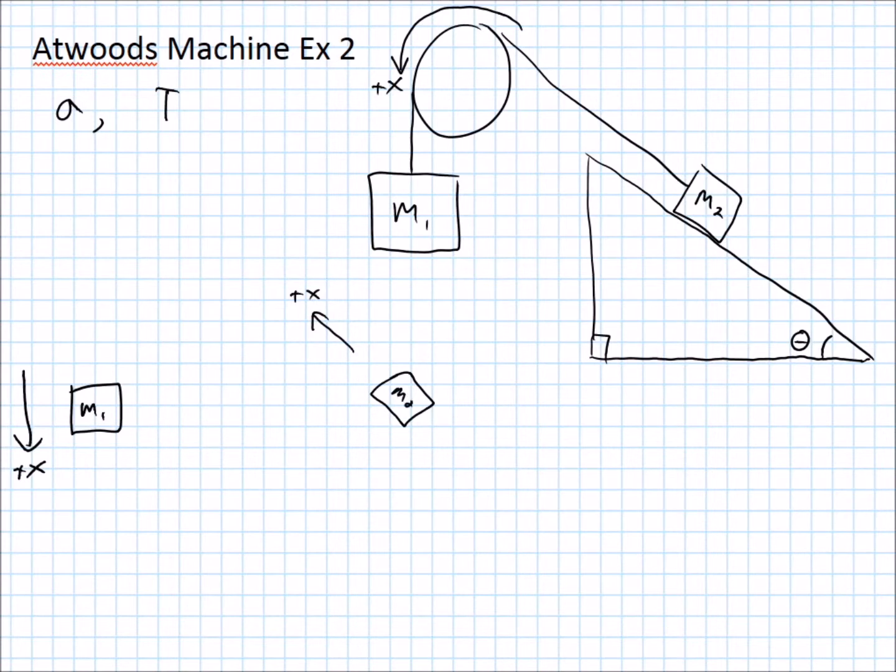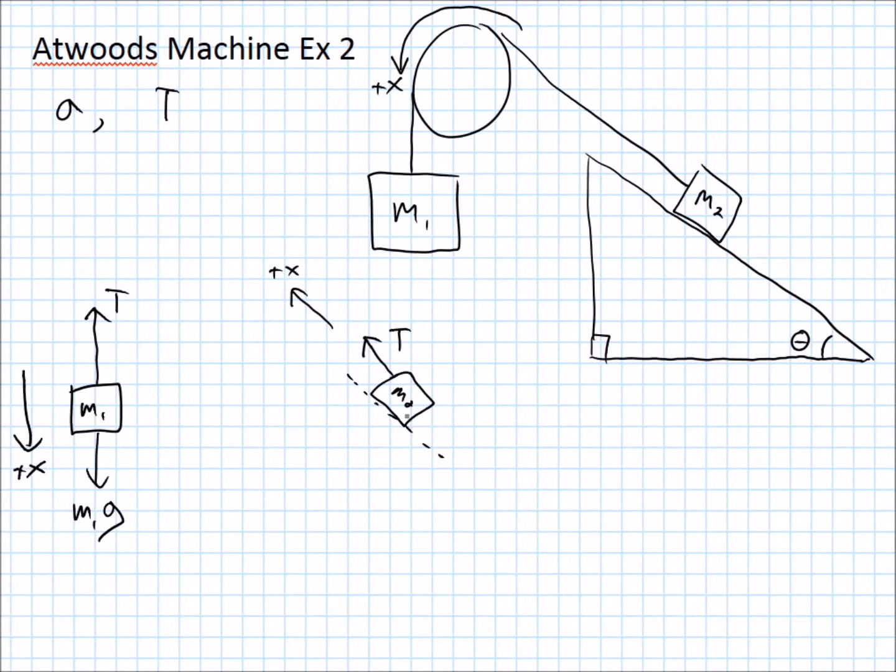Alright, so let's put in the forces. For M1, we have tension in this direction, and M1 times g, the gravity, in that direction. For M2, it's sitting on a ramp right here. It does have tension, the same tension pulling that way, because this is one rope over a massless, frictionless pulley. So this tension attached to M2 will be the same as the tension attached to M1.